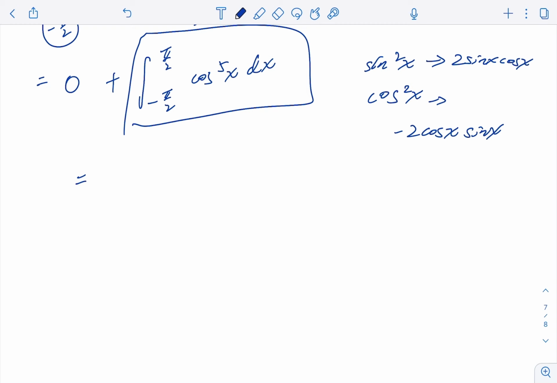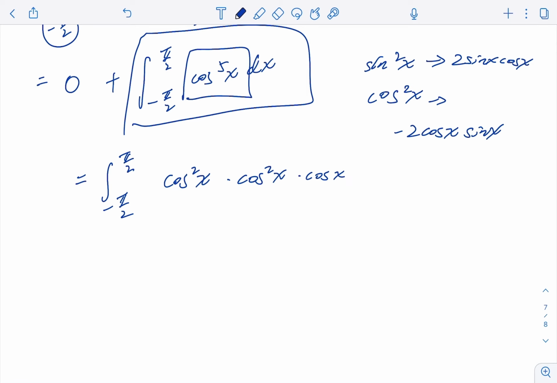So, can we get a sine x here from cos to the fifth? No, we cannot. So what we can do is make things mainly in sine x, and have one cos x, so we can differentiate the sine. So what we're going to do is cos squared x times cos squared x times cos x.